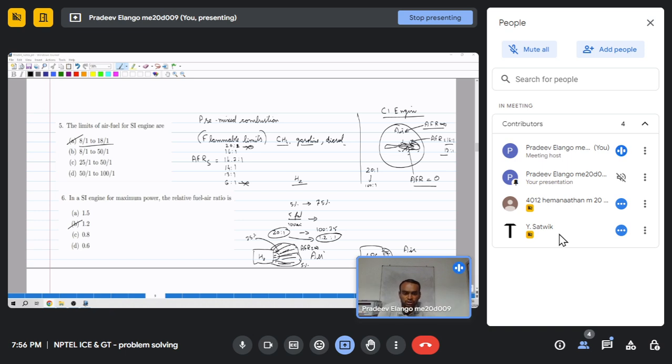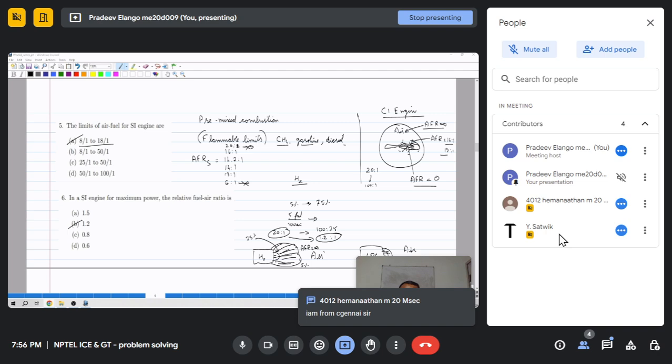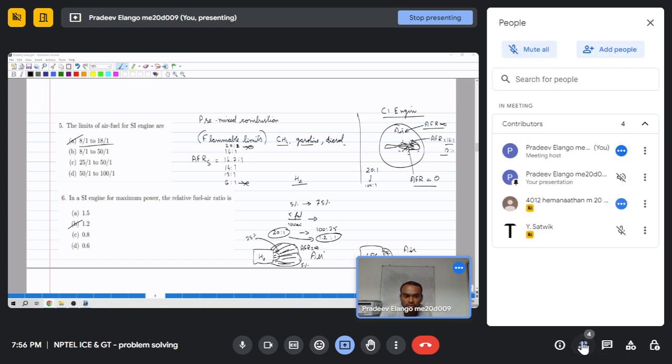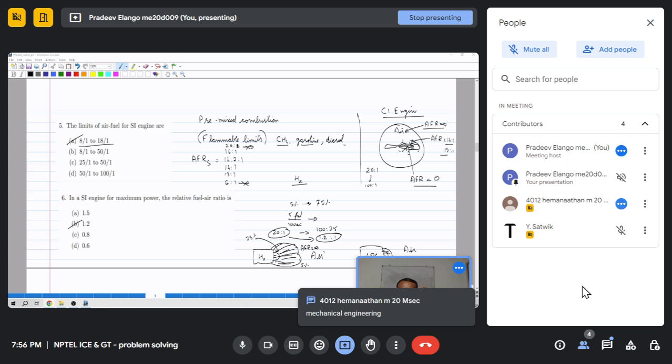Okay, and you are doing B Aeronautical? Yes, sir. Okay, Hemanathan is also from Chennai. Swatik is aeronautical, Hemanathan is mechanical. Which college is it, sir? Sir, I'm from Satyabama College.